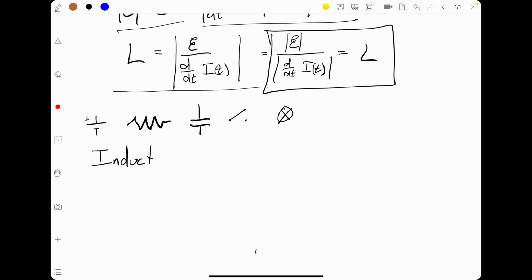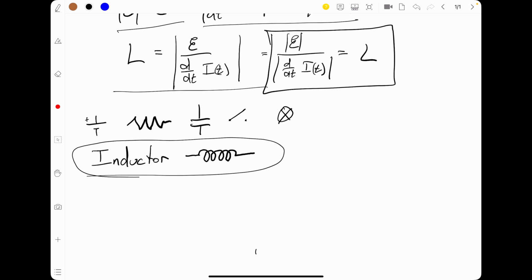I may have told you back then about inductors, and I just said we'll come back to it. I may have drawn one, but the symbol for an inductor is this guy. So this is the symbol for an inductor. It has a certain value. What is the value in henries?